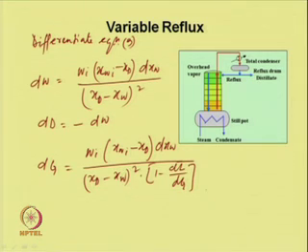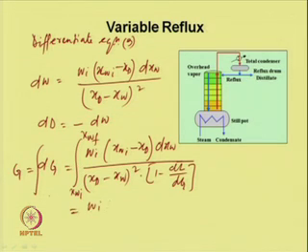If we want to calculate the total gas flow rate or amount generated, we can write G as the integral from x_W_i to x_W_f.